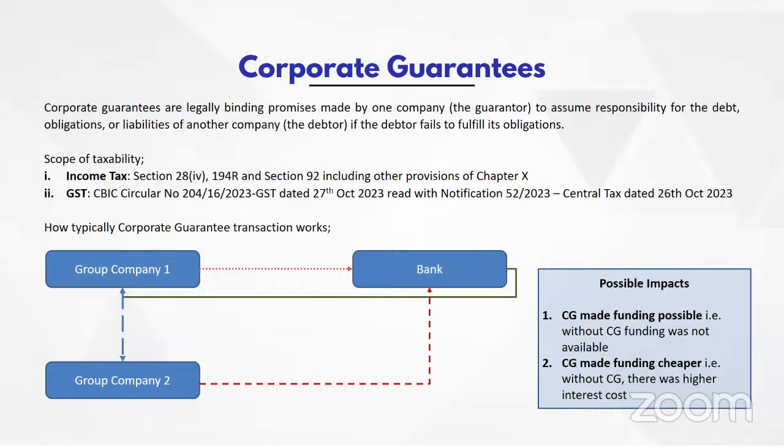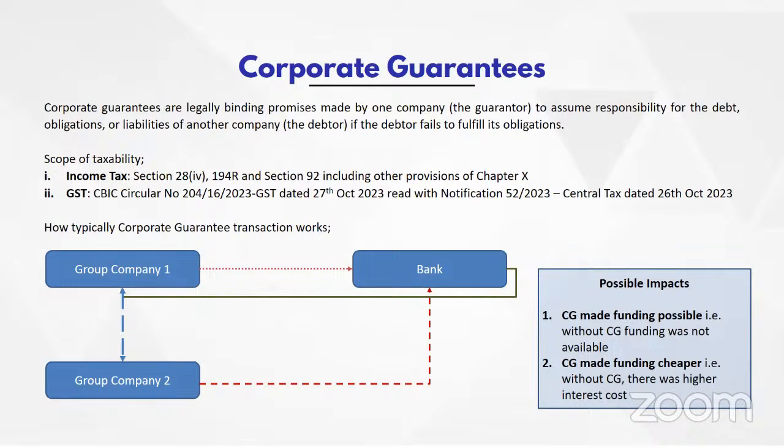Now, coming back to the numerous transfer pricing cases that we have seen under the Income Tax Act and the transfer pricing regime, based on the jurisprudence, wherein the Indian company has given a corporate guarantee to the foreign company.